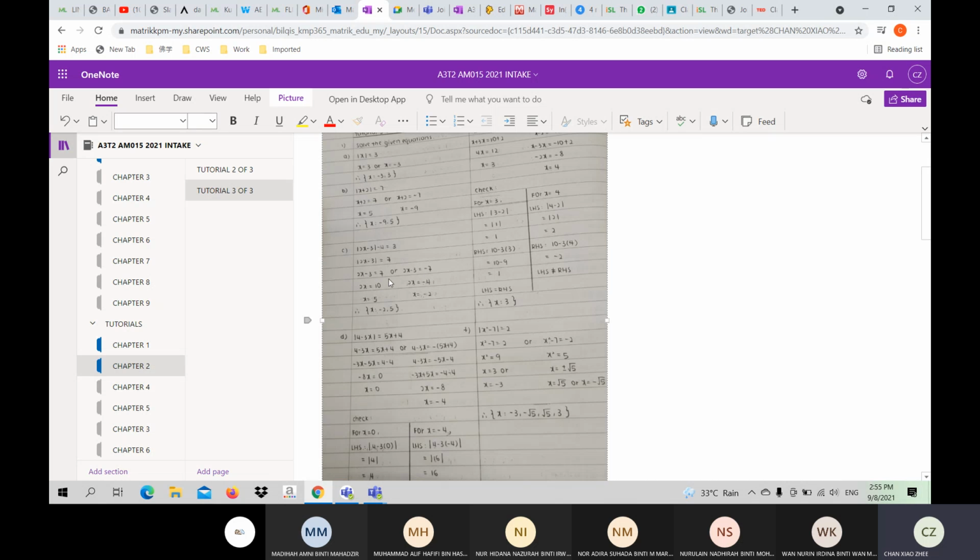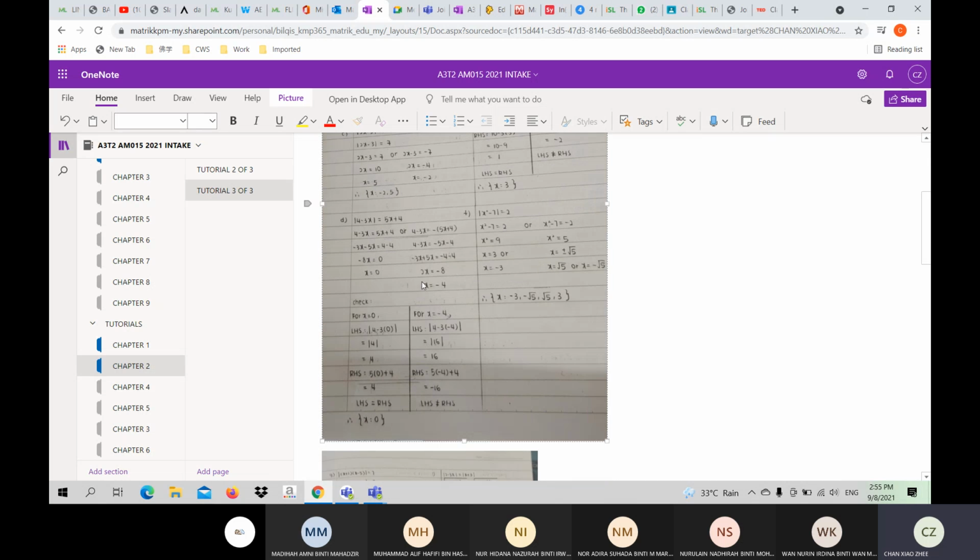Mesti kena satu positif, satu negatif. So 2x equals to 10, x equals to 5. 2x equals to negative 4, x equals negative 2. So x akan dapat jawapan x ialah negative 2 and 5.